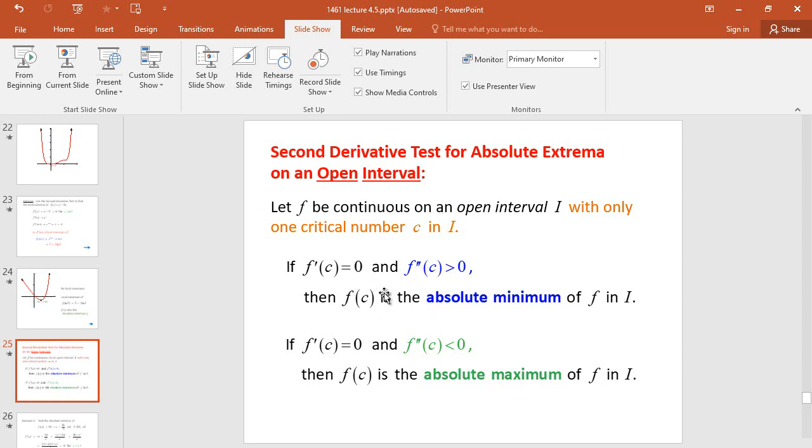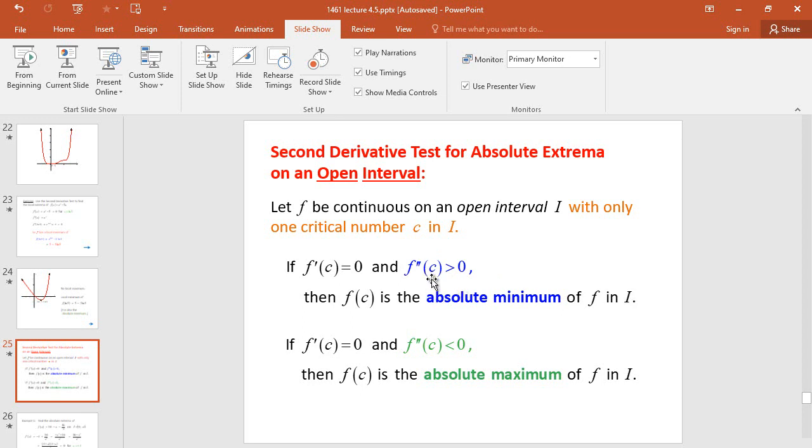Let's look at the first case. Let's say f prime of c is 0 and f double prime of c is positive, then we know that f has a local minimum at c. But why does it have to be the absolute minimum on the open interval I?